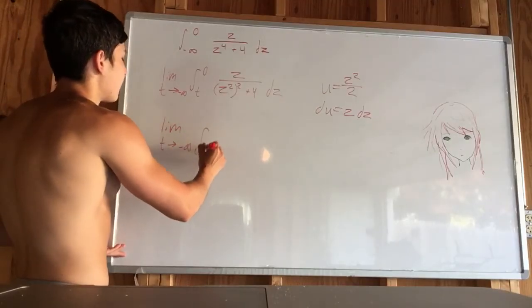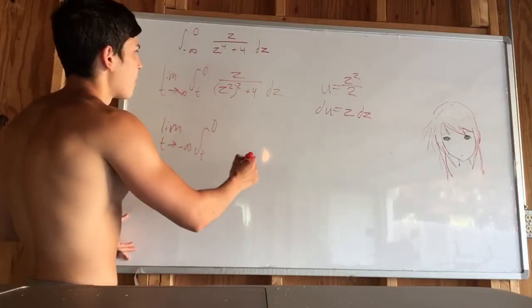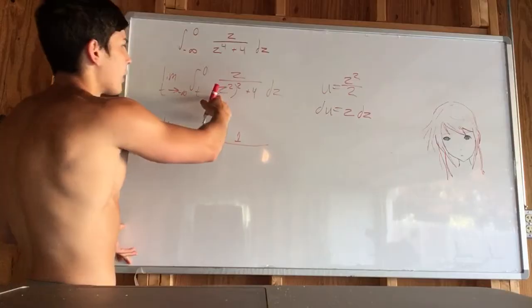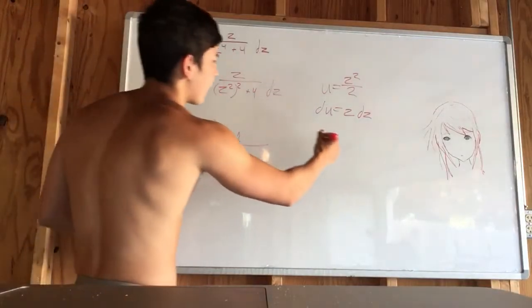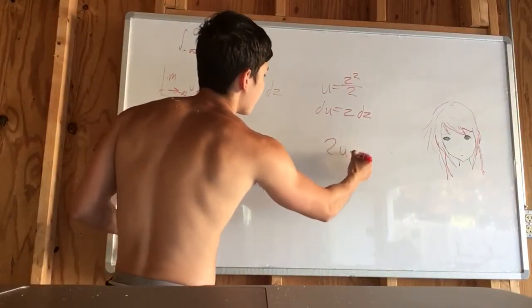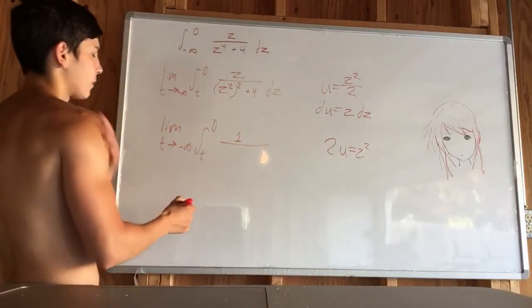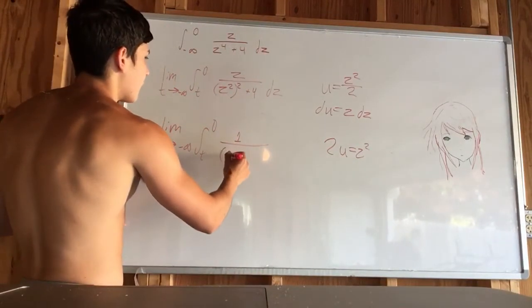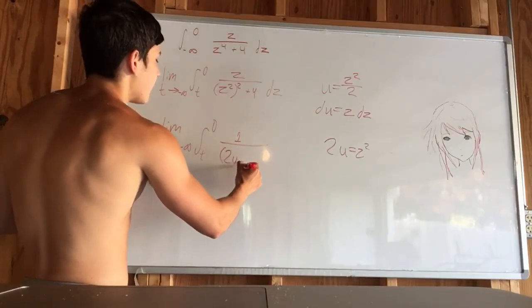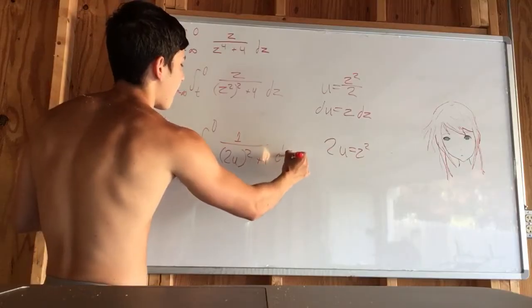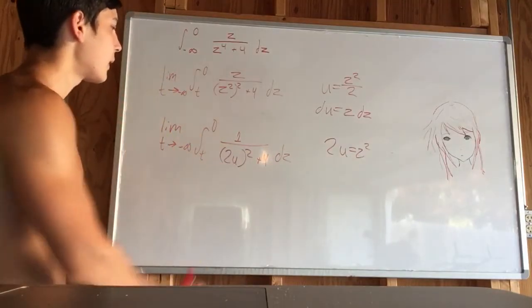From t to 0, we've got 1 over, what's z squared? We could solve for it. We've got 2u equals z squared. That's what we wanted. So we've got 2u squared plus 4 du.